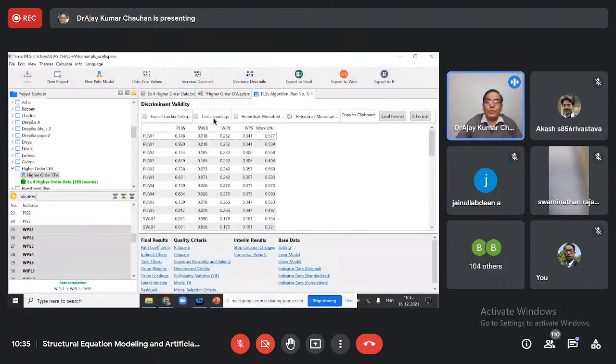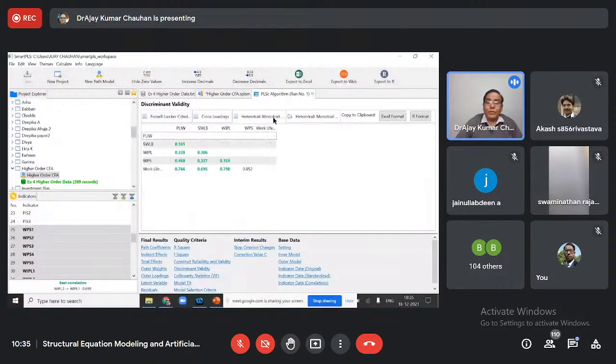When you go for cross loadings, you can see the cross loadings is quite... So there is a chance that cross loading is not very good. PLIW is only highly correlated with PLIW, not correlated with any other. So cross loading is not there also.